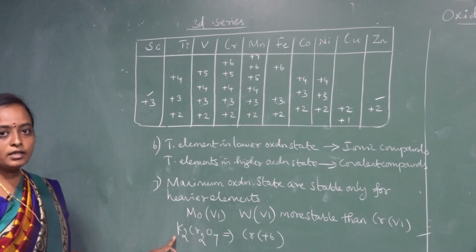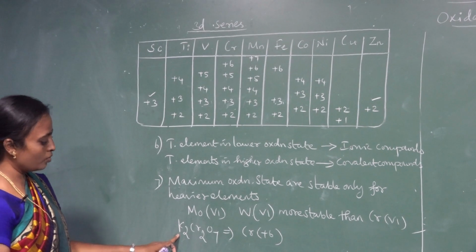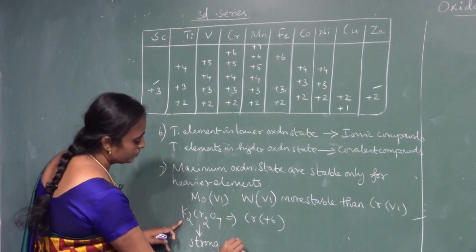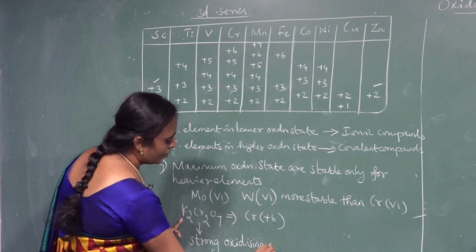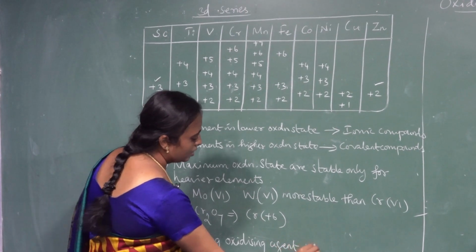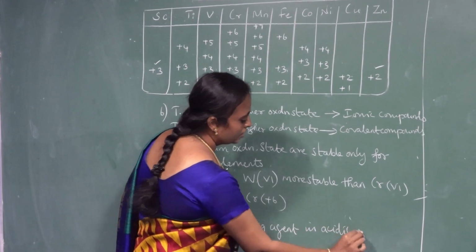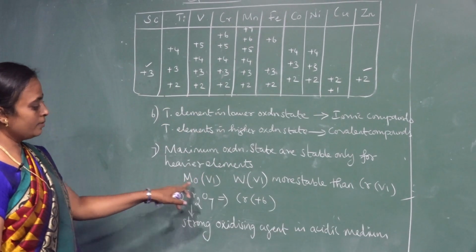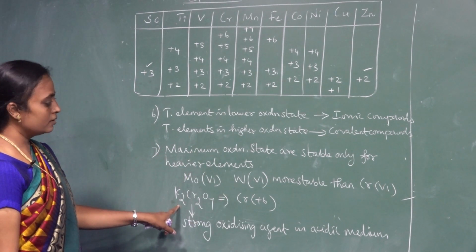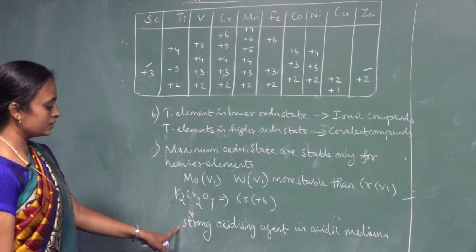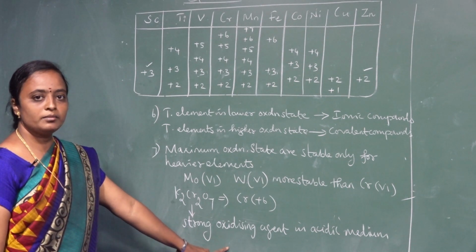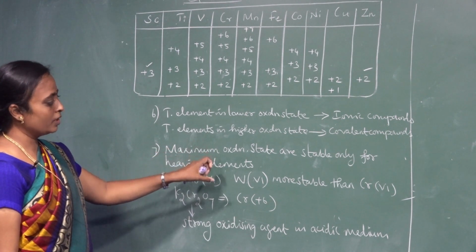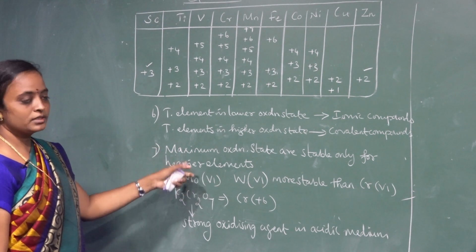So this potassium dichromate acts as a strong oxidizing agent in acidic medium. Even though it is not as stable compared with molybdenum and tungsten complexes, the chromium 6 compound acts as a strong oxidizing agent in what medium? Acidic medium. So maximum oxidation state stable compounds are for heavier elements.